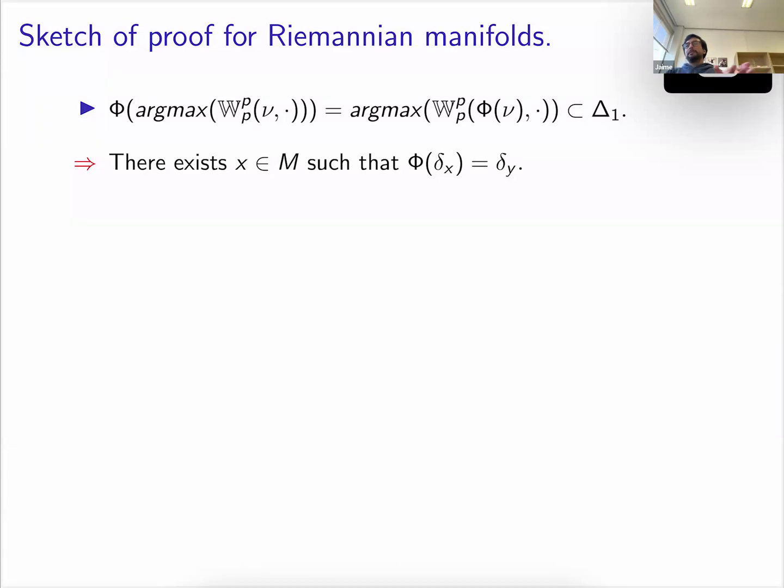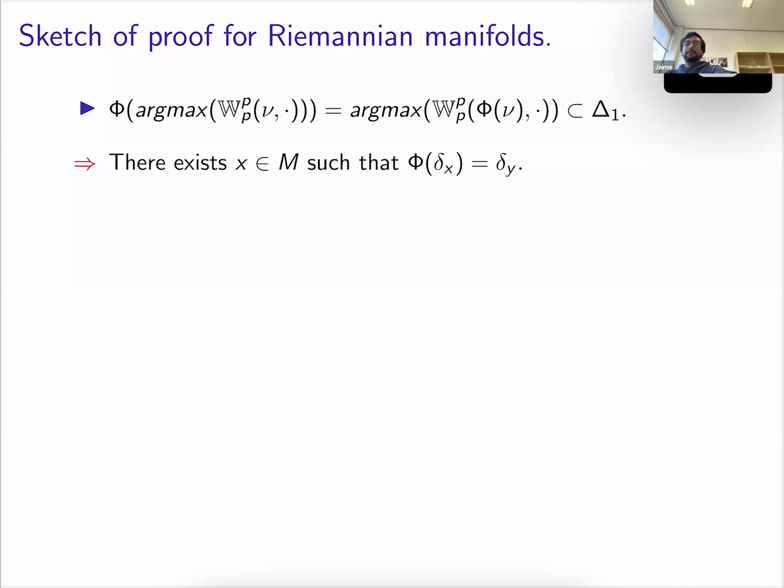And these sets remain in the set of Dirac deltas. And all of this is just telling me that there exists a point x in M such that the Dirac delta at x under phi goes to some other Dirac delta, say at y. Okay, so I found one such Dirac delta.